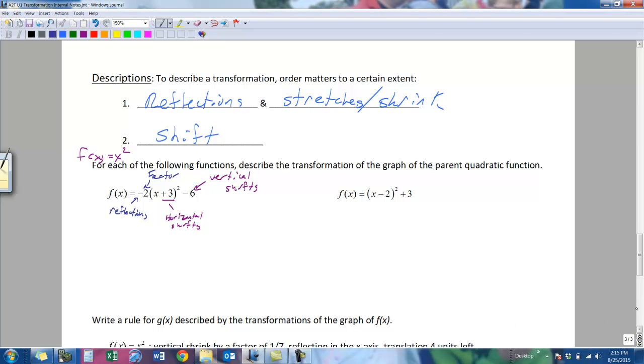So we're going to go ahead and describe the transformation here. It was reflected across the x-axis, stretched by a factor of 2.